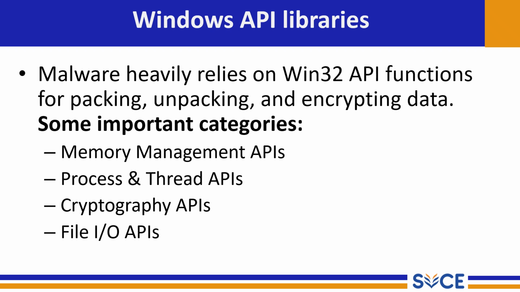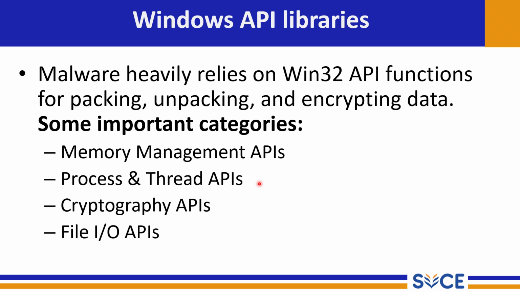Malware heavily relies on these kinds of Win32 API functions for packing, unpacking, and encrypting the data. Some of the important categories are memory management API, process and thread API, cryptography API, and file IO API. So let's see one by one.